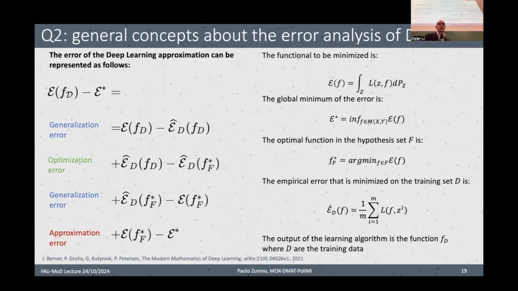Then there is the optimization error, due to the fact that we never converge to the absolute minimum of our functional, but typically the convergence history is truncated at some point in the neighborhood of some local minimum. And finally, there is the approximation error, made by the fact that at the continuous level our encoder and decoder mappings are just general continuous or regular mappings, but we represent them with a neural network, so an approximation error appears.